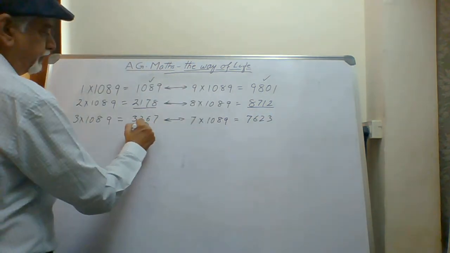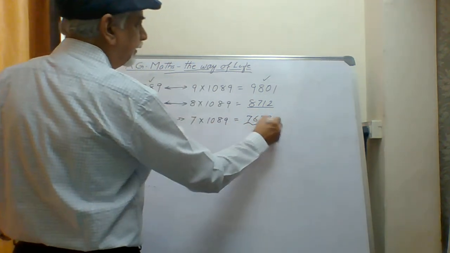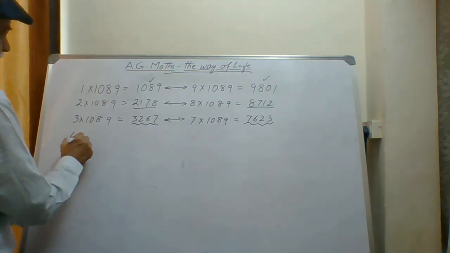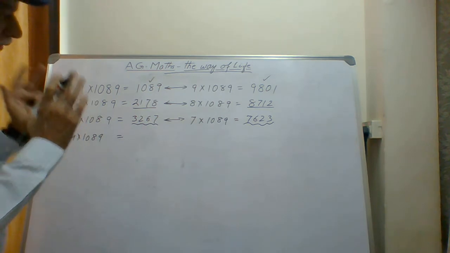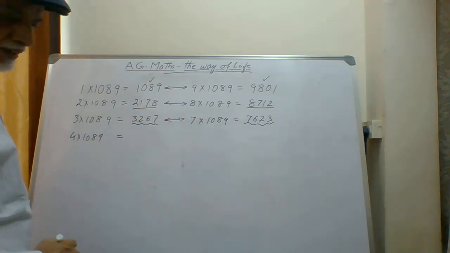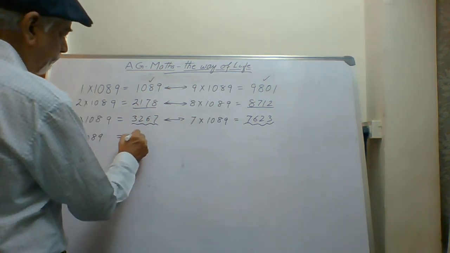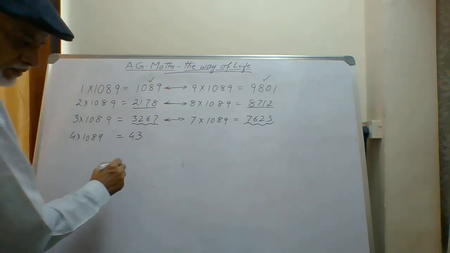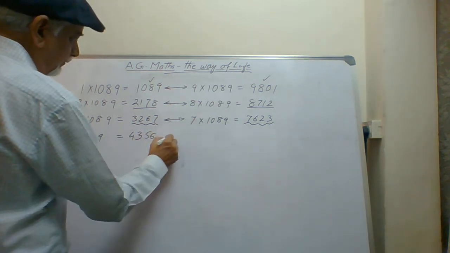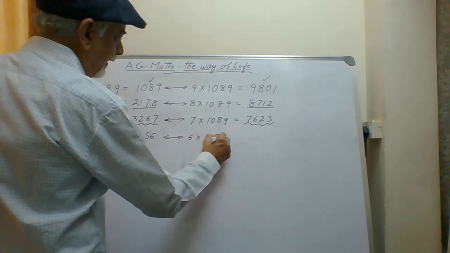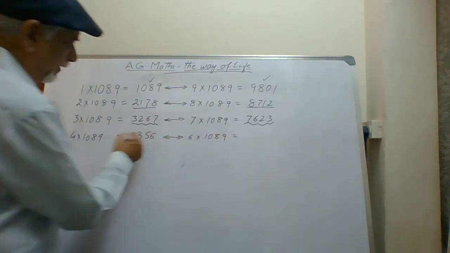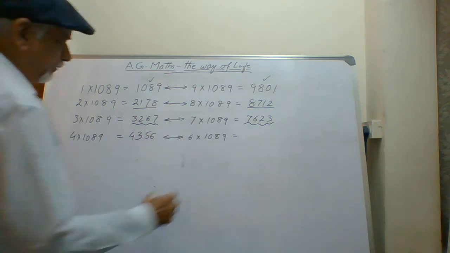That is the relation between this number and this number. 4 times 1089, you keep on doing this and it will definitely match. That is the specialty of mathematics. 4356. And 6 times 1089 will be the reverse of this, that is 6534.